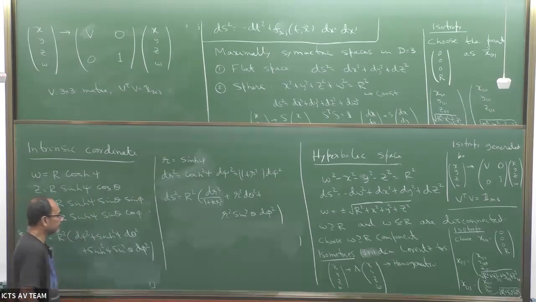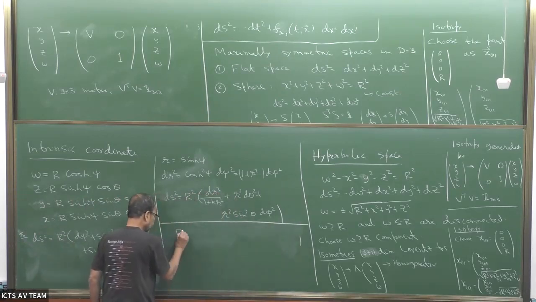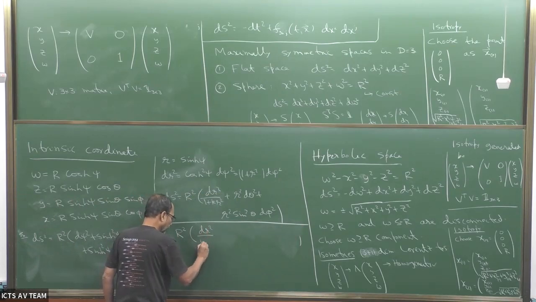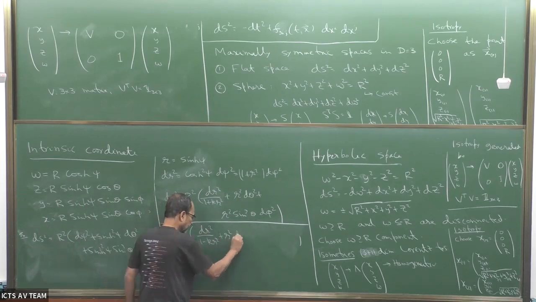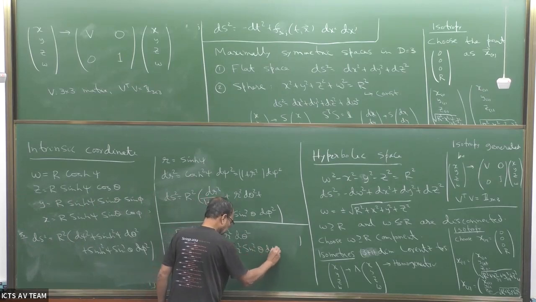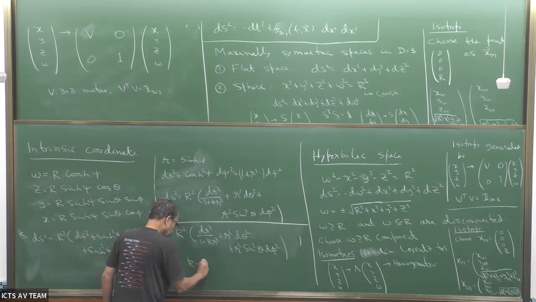So these three hyperspaces are collectively written as R square times dr square over 1 minus k r square plus r square d theta square plus r square sine square theta d phi square, where k can take value 0 or plus minus 1.